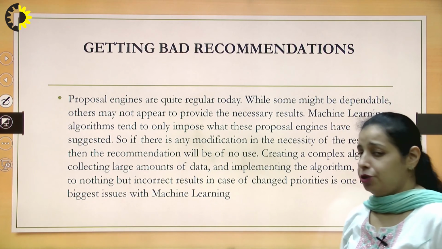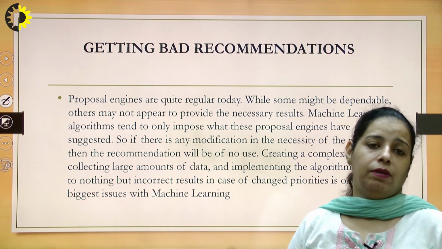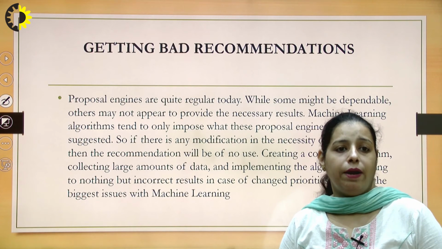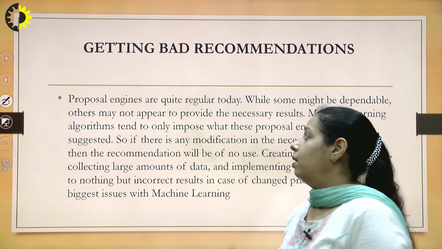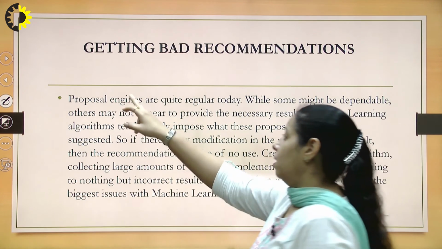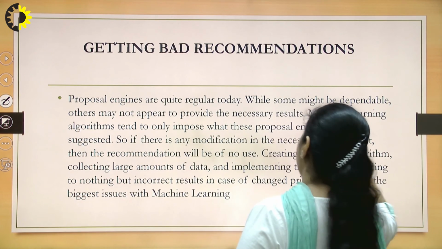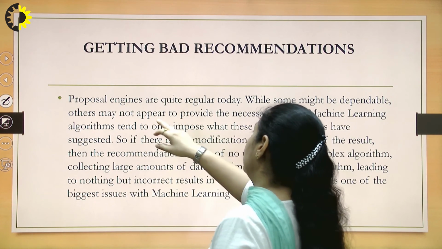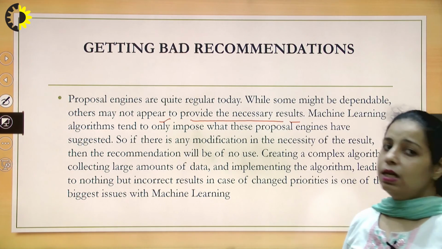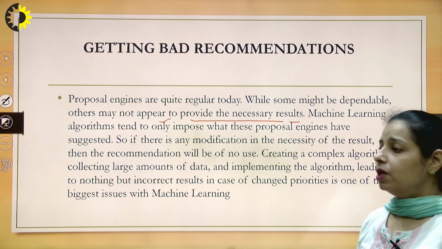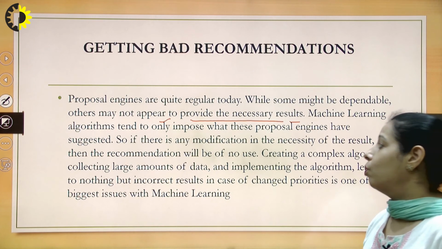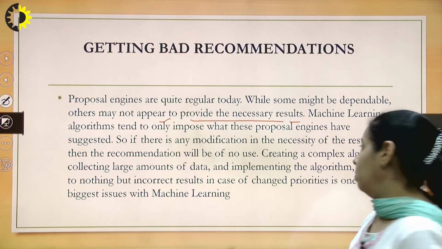Getting bad recommendations. This is again, you can say, a drawback of ML. Proposal engines are quite regular today, and these engines are basically software. While some might be dependable, others may not provide the necessary results. Our search engines come under the category of proposal engines, which are being used on a large scale in order to get relevant results related to our problems.